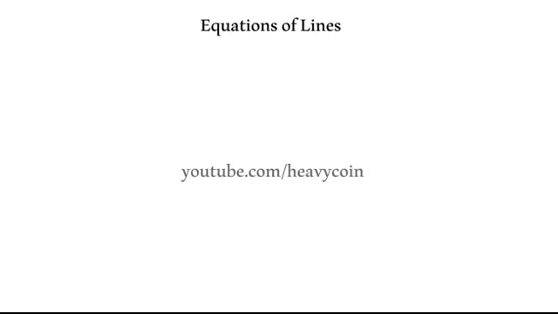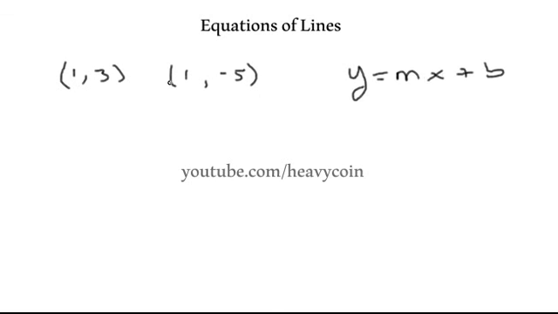Alright, what if we had this? Let's say we have 1, 3 and 1, negative 5. We want to write an equation that passes through both of these points. First thing let's do is find the slope.